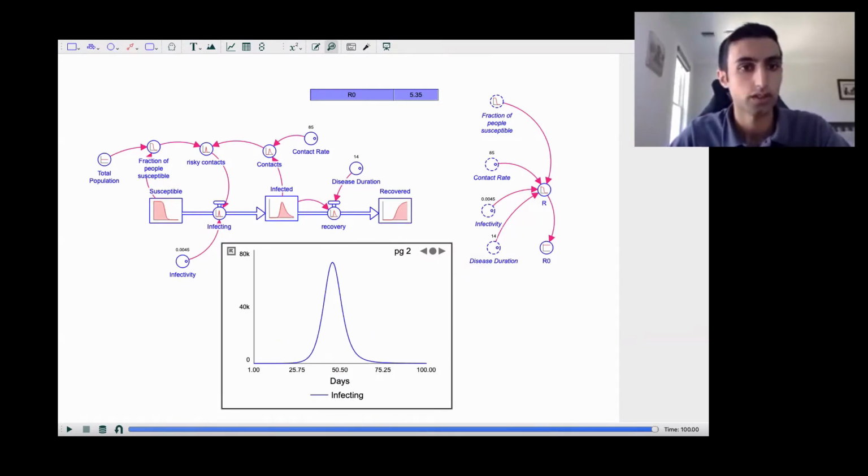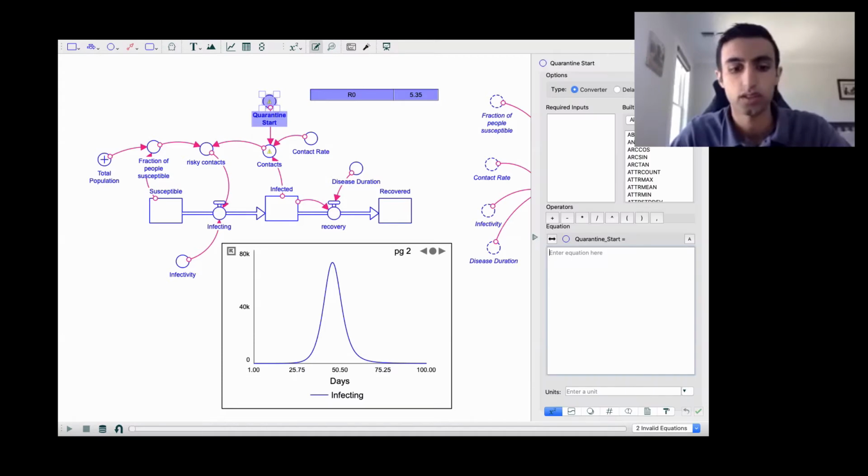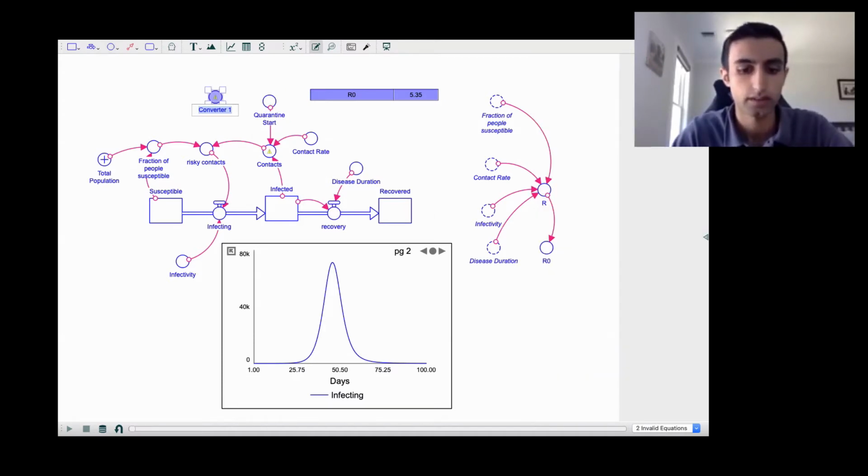Now I also want to show you an easy way to implement a quarantine. We'll call this quarantine start, and say quarantine started on day 35, and the quarantine effect was a reduction by half of the number of contacts.